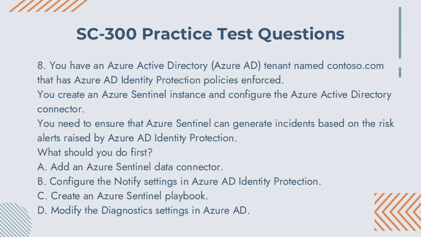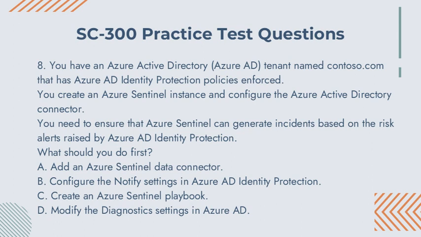8. You have an Azure Active Directory, Azure AD tenant named Contoso.com that has Azure AD Identity Protection policies enforced. You create an Azure Sentinel instance and configure the Azure Active Directory connector. You need to ensure that Azure Sentinel can generate incidents based on the risk alerts raised by Azure AD Identity Protection.